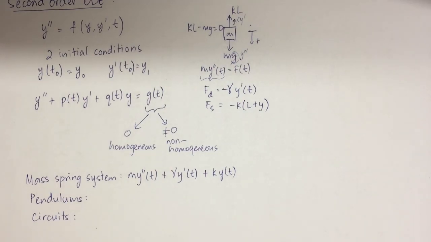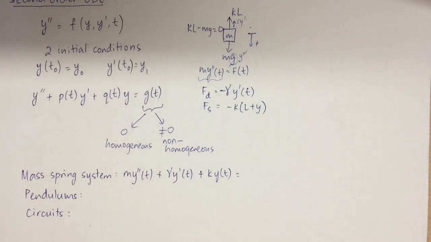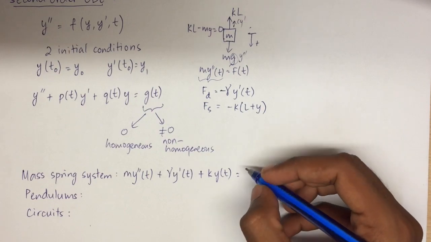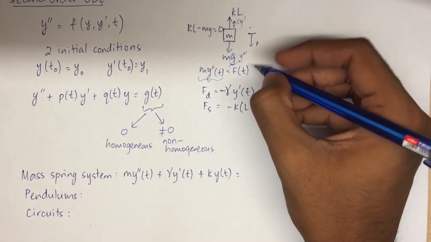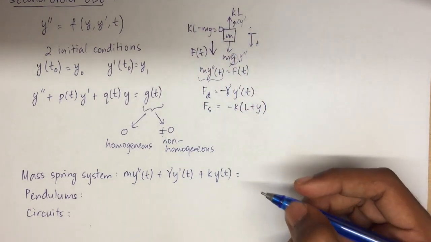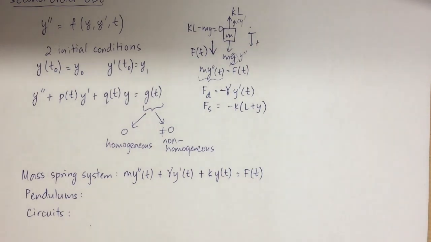That's the extension that is produced. That is the sum of all the forces involved, and in this case, it is the external force that I have applied in that direction, which was f of t as I defined it. That is my spring equation with all the terms in it.